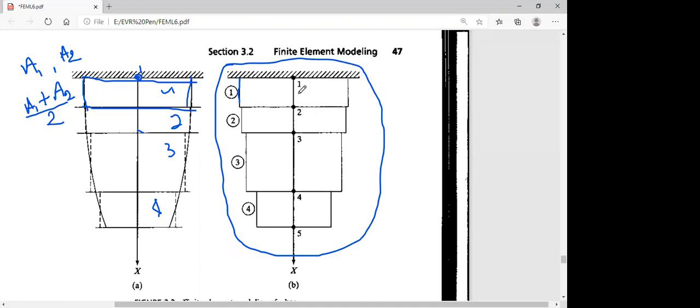On element 2, the nodes are 2 and 3. On element 3, 3 and 4 are the nodes. On element 4, nodes 4 and 5. So in total, this finite element model has 4 elements and 5 nodes. Node 2, node 3 and node 4 are the common nodes between pairs of elements.